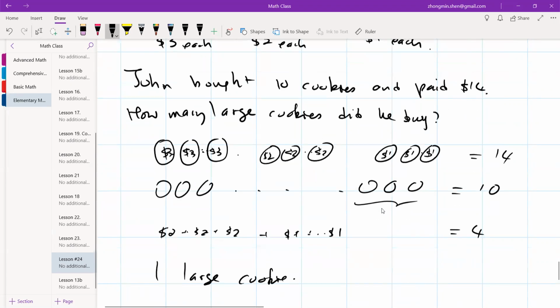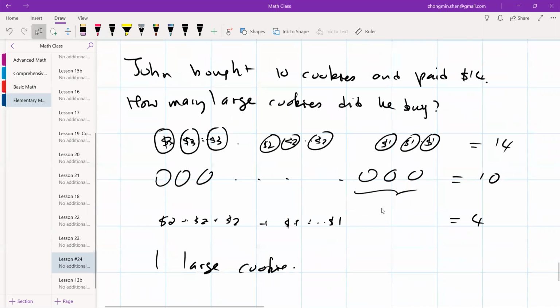Then 2 medium size cookies, 2 plus 2 is 4. So 2 medium size cookies, and then 7 small size cookies.